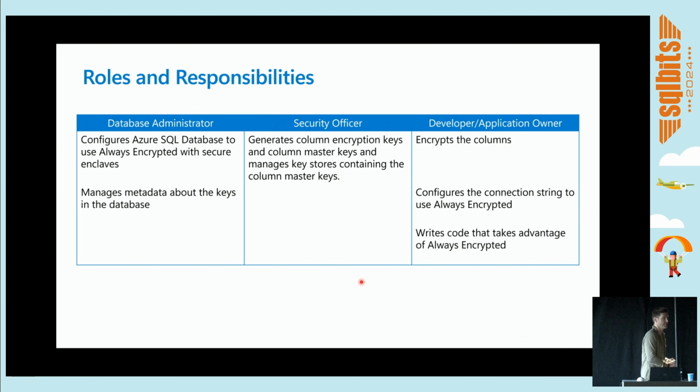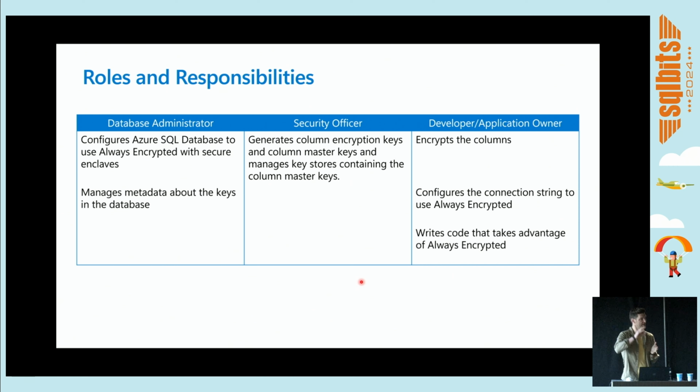The first one is the DBA. The DBA shouldn't have access to the keys. They're not allowed to see that sensitive information, but they still need to be able to work inside the database. So their role in implementing Always Encrypted is that they need to configure the database with an enclave, either Intel SGX or VBS, and they can manage the metadata of the keys inside the database. We're never storing the encryption keys inside the database.